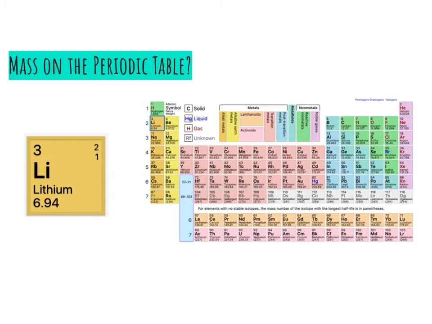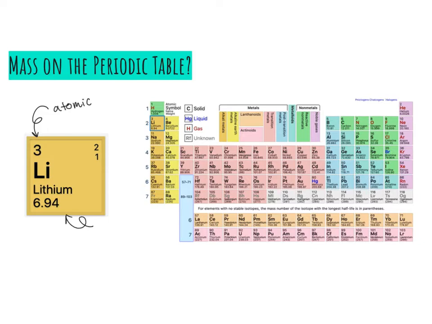One of the things we notice on the periodic table is that each of these different elements has its atomic number, which comes from the number of protons. The atomic number determines which element each of these is. And then we also have a number which is actually the atomic mass.